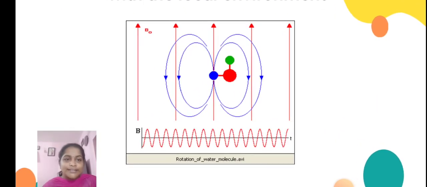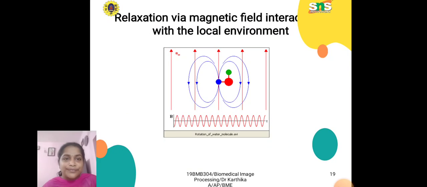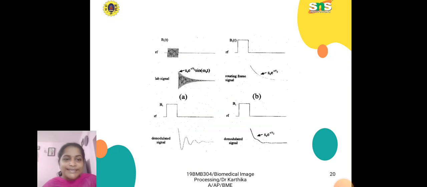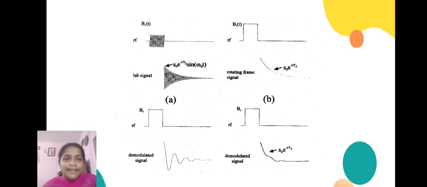See here the rotation of water molecules, how it rotates and how the signal is extracted from the system. See here our signal and the rotating frame signal, and we have the demodulated signal, and finally the required output based on our input signal.